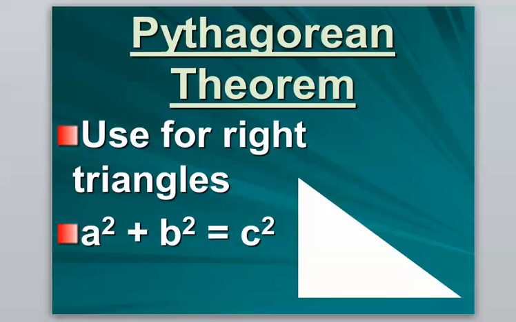We're also going to use the Pythagorean theorem and do some review with this from algebra for right triangles. Remember, your Pythagorean theorem works for all right triangles, and we can actually use this to show that triangles are right. And we use a squared plus b squared equals c squared. Remember, the a and b are the legs, and you can call whichever one you want a and whichever one you want b. C is always the longest side, it's the hypotenuse.